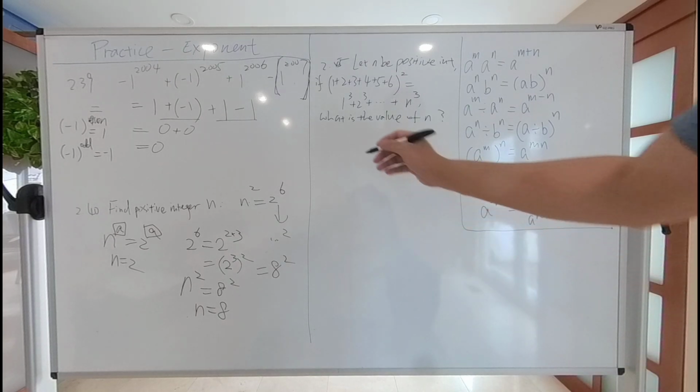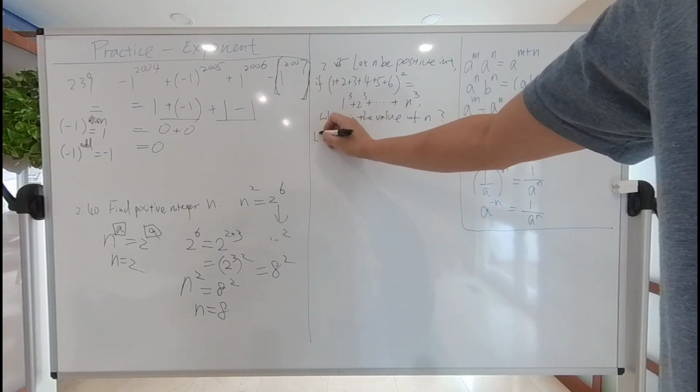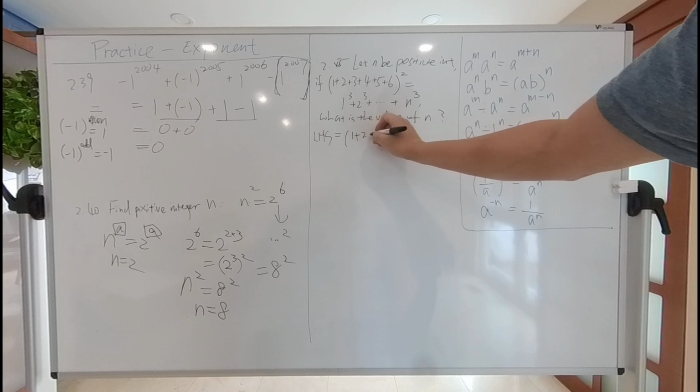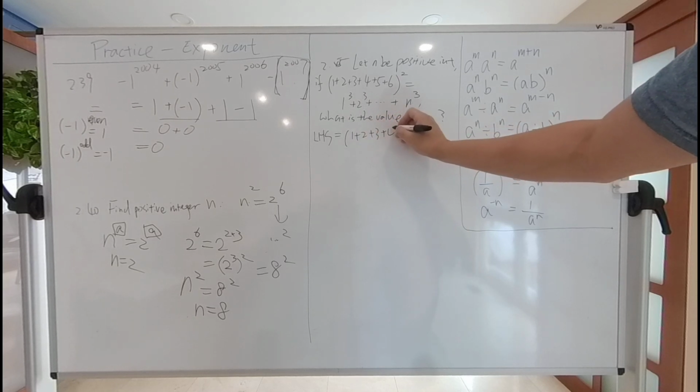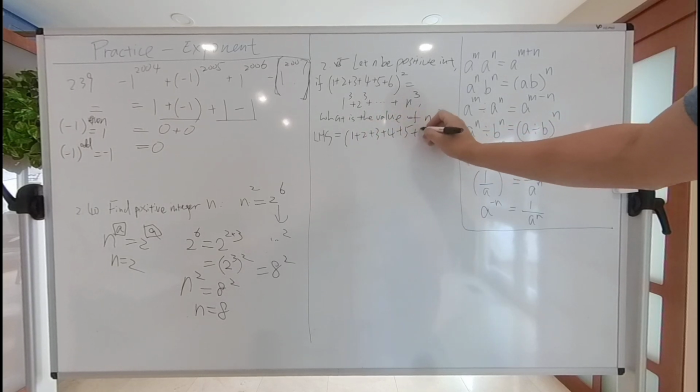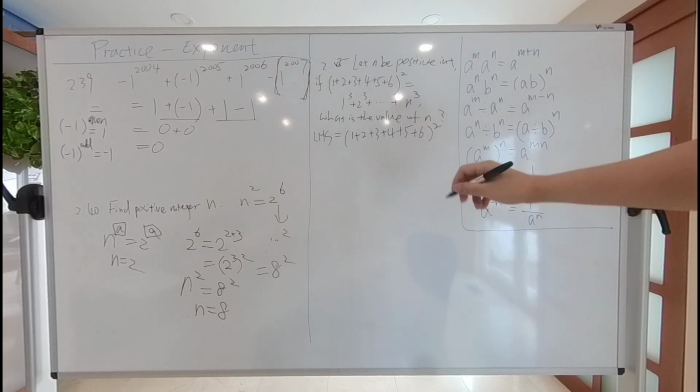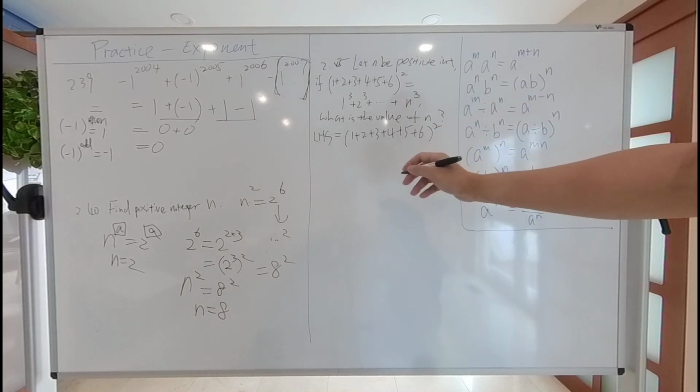Right, so over here, let's first take a look at what exactly the value of the left-hand side is. Then later on we can decide until which n we reach the same value on the right-hand side.